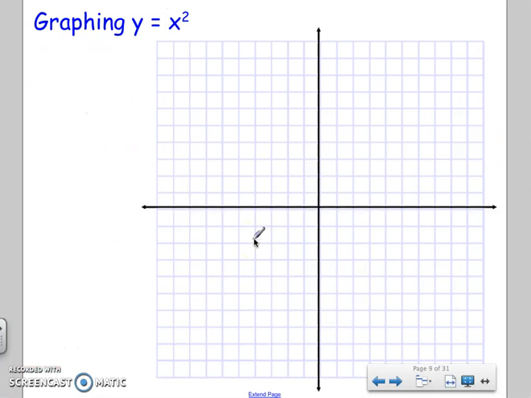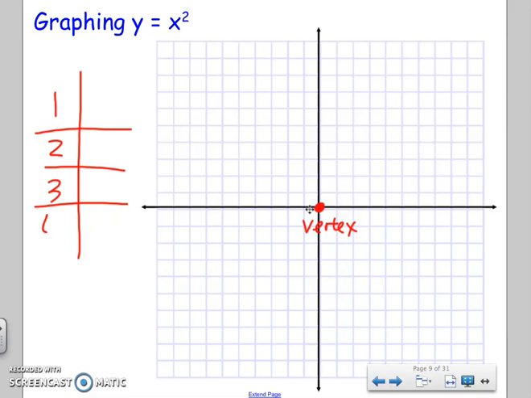Okay? So the first thing I have to do is start at 0, 0, because that was my vertex. You will always plot your vertex first. So then you're going to do that table again, which was 1, 2, 3, 4, which is how far you go over.